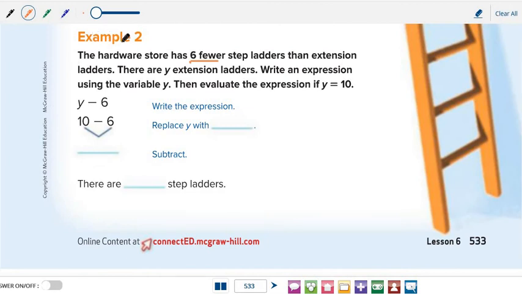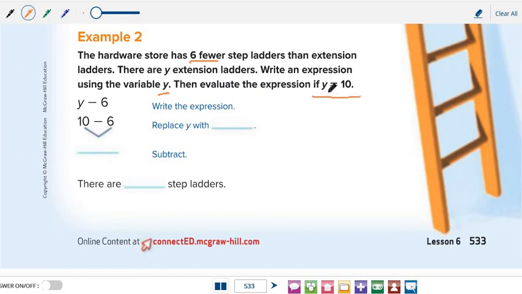Let's see example number 2. The hardware store has 6 fewer step ladders than extension ladders. There are y extension ladders. Write an expression using the variable y. Then evaluate the expression if y equals 10.